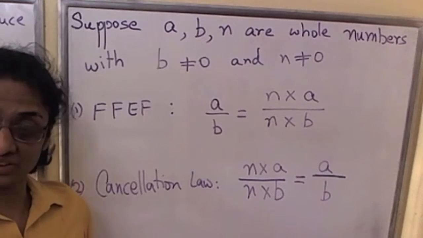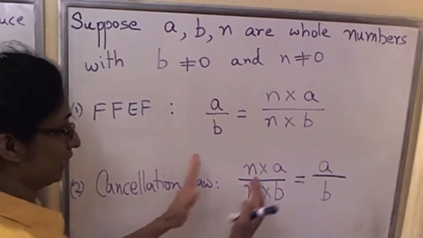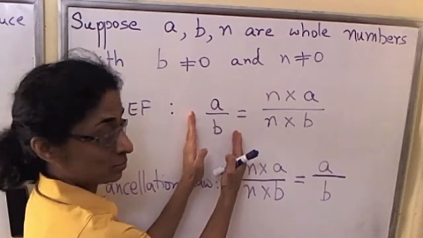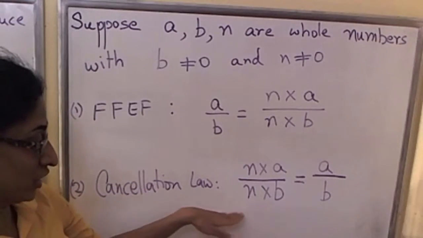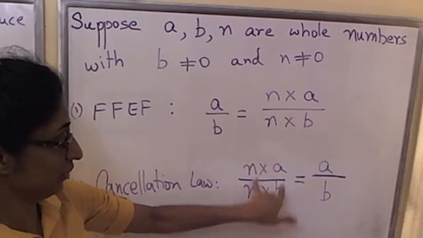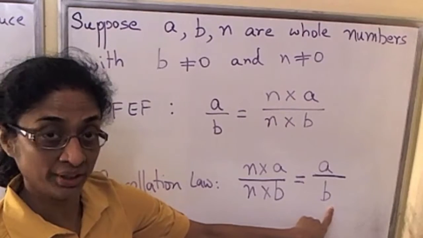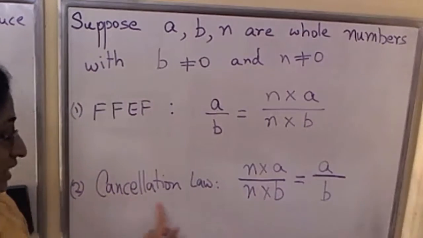Now, the examples tell us that we have been going from this kind of expression to this expression, which is what I have packaged in here. All I have here is n times a over n times b equals a over b. And I'm calling this the cancellation law.